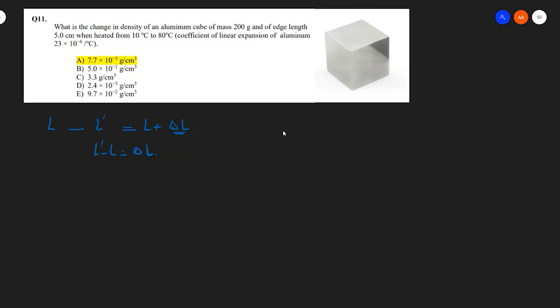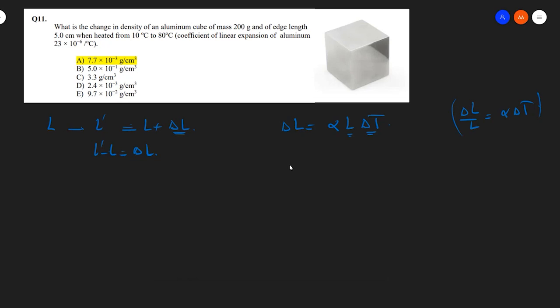So delta L is equal to alpha L delta T. It is proportional to the change in temperature and to the initial length, and we have a coefficient alpha, the coefficient of linear expansion. We can write it again as delta L over L is equal to alpha delta T. Just keep it in mind.